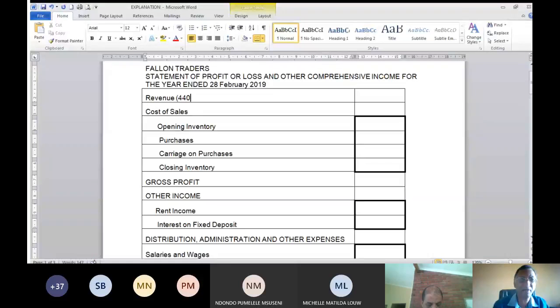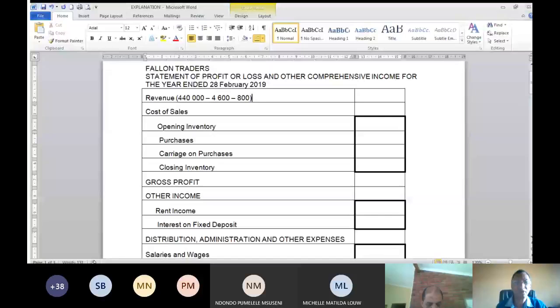So you put in the amount there, 440,000 minus the sales returns of 4,600 minus settlement discount granted or settlement discount allowed, which in this instance here is the 800 Rand.